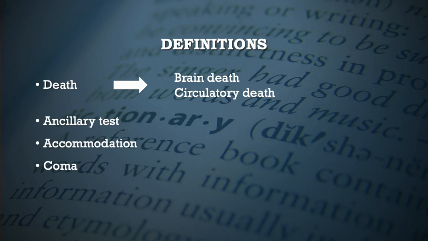And a confounder is any situation or thing that is present that will obscure the diagnosis. So basically you need ancillary testing to differentiate whether or not it's really brain death or if there's something else at play.